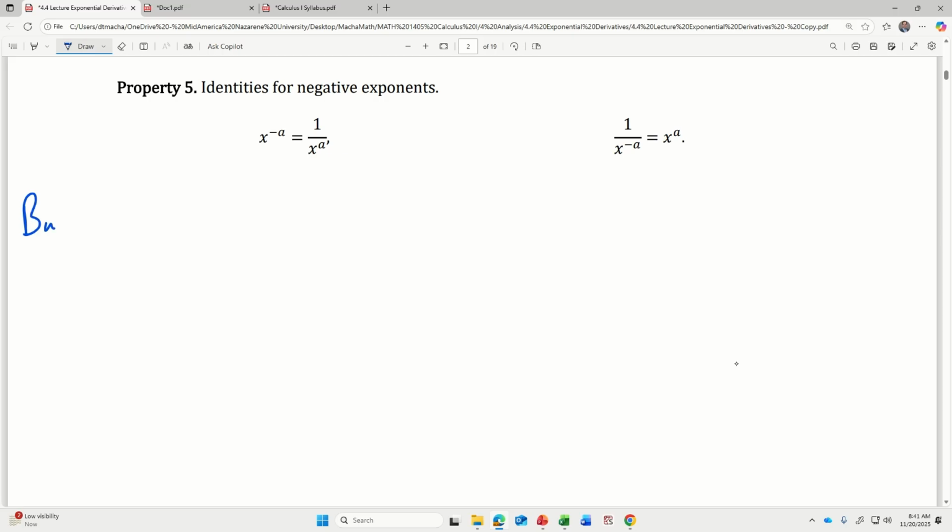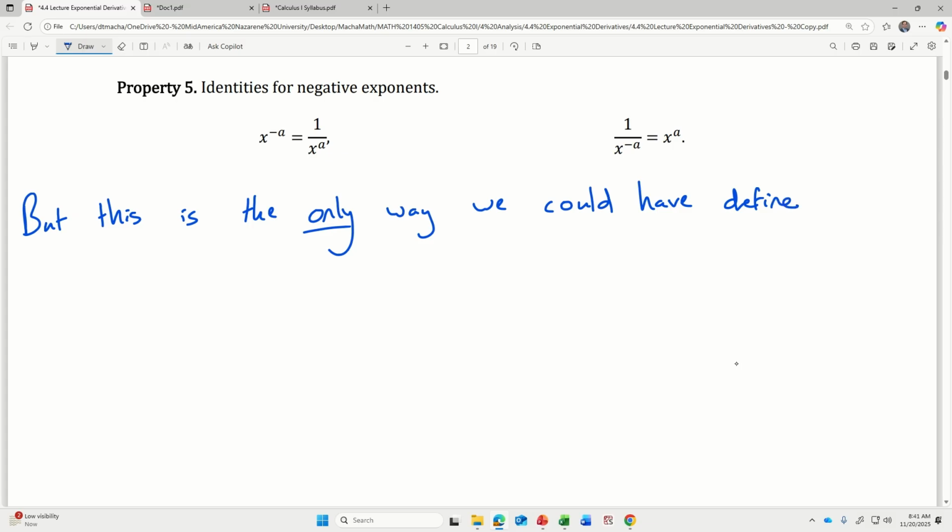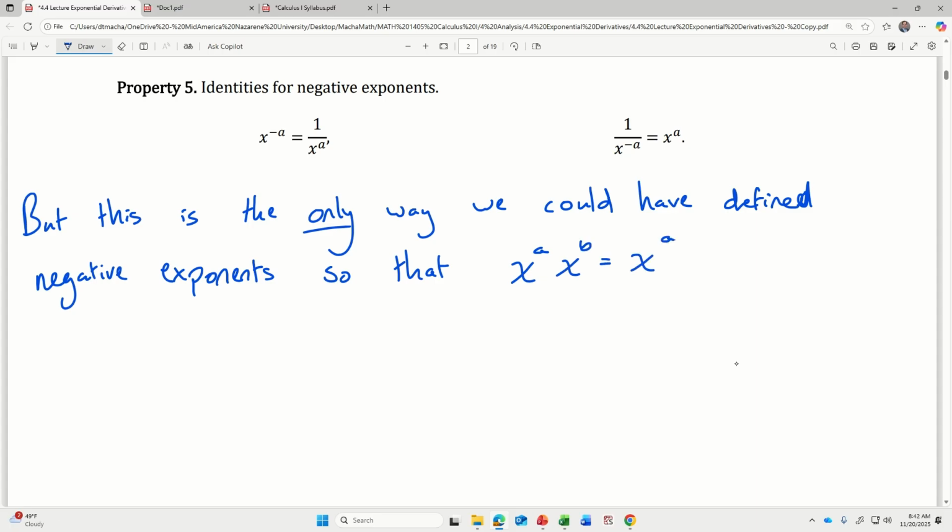But this is the only way we could have defined negative exponents so that the exponent product rule is still true. In other words, when you are the first mathematician that decides to calculate with negative exponents, it's your job to define that. Like, what is that going to mean?